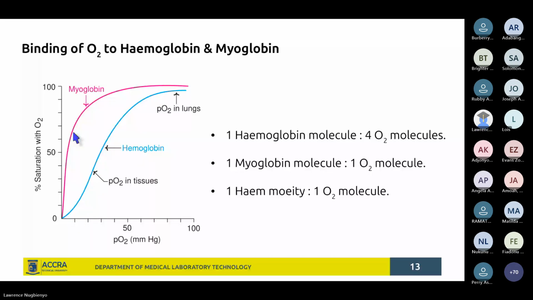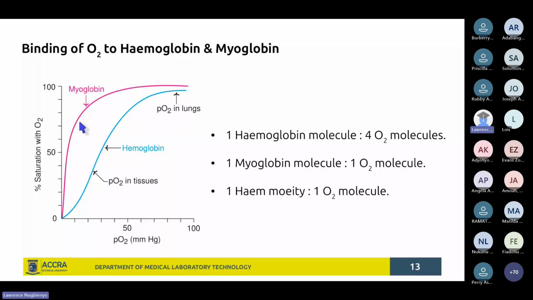See the graph, it goes up, saturation on the vertical axis, at such very low partial pressure of oxygen. Because it carries only one molecule, it can't take any more. It's saturated.